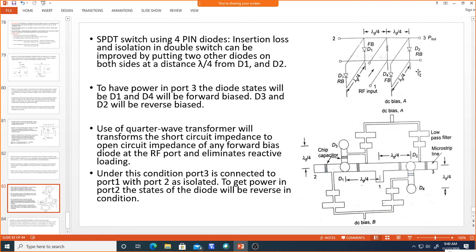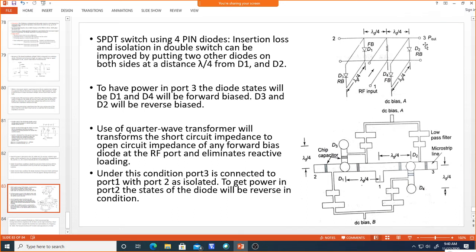So this transformer helps to transform the short circuit impedance of any forward biased diode to an open circuit impedance at the RF port, and also eliminates the reactive loading. Under this condition, port 3 is connected to port 1 and port 2 is isolated.